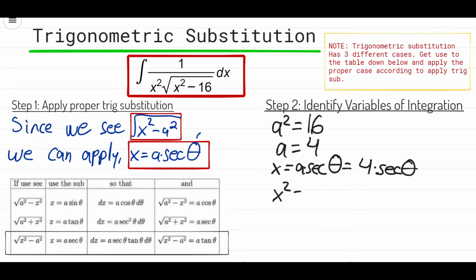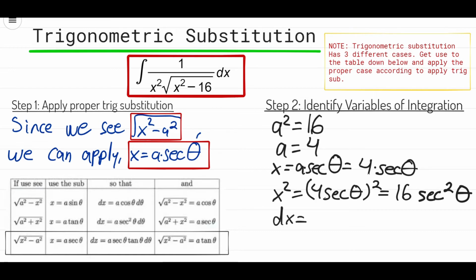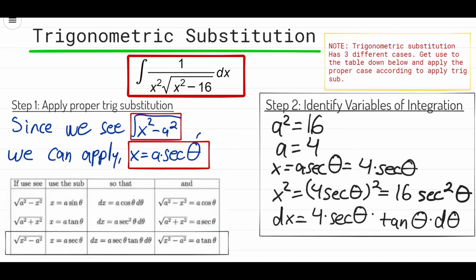Our x squared is equal to 16 secant squared theta. And our dx, the derivative of secant, is the constant 4 times secant theta times tangent theta times d theta. So now that we have the variables of integration, let's plug them in.